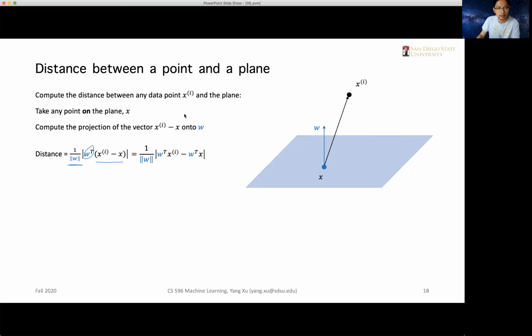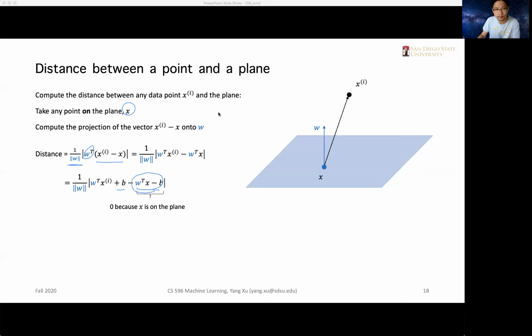Okay, and it can be further written into this form if we expand w into the expression, and further expand it, we get plus b and then minus b. So there are two parts within the absolute value expression. This is something we want to use, because the point x is on the plane, so this part is actually 0.